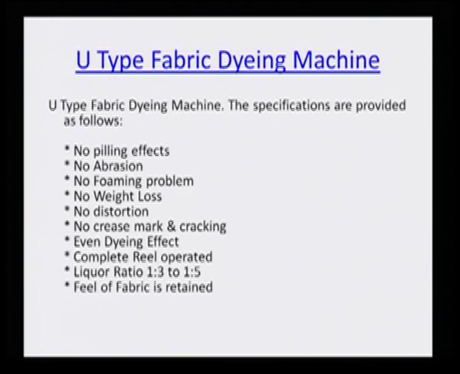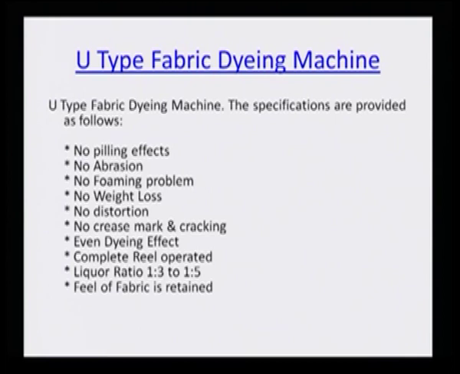Sometimes, because of abrasion, the surface of the fabric becomes very rough, and then the process is not considered a very good process. But in this U type fabric dyeing machine, there is no piling effect, no abrasion, no foaming problem, even though it is happening at a very high speed.